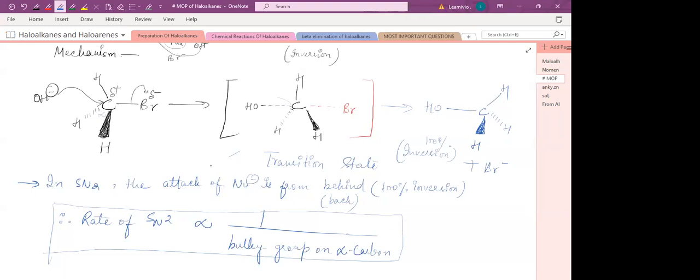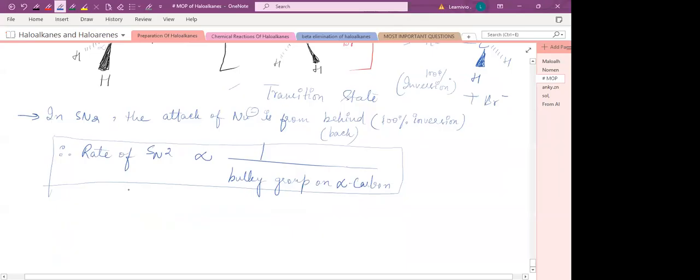For example, if I write this, or if I write this, tell me in which the rate of SN2 reaction is fast.